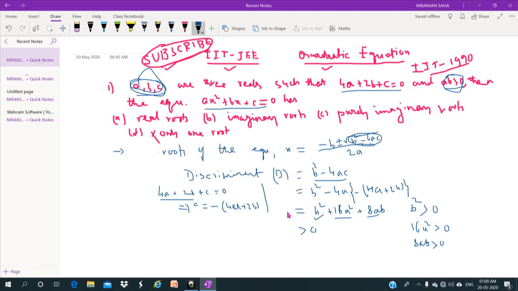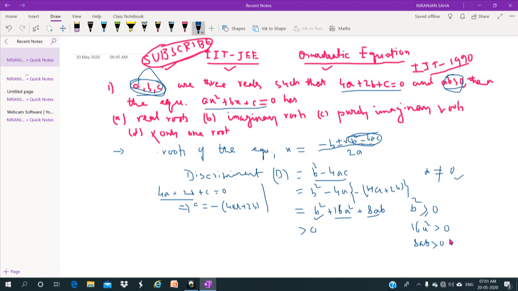So the discriminant is greater than 0. First, this is a quadratic equation, so a cannot be equal to 0. Here b square can be greater than or equal to 0, but a square must be greater than 0 because a is never equal to 0.